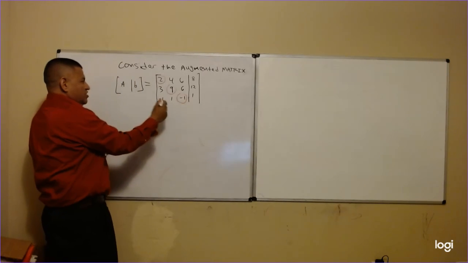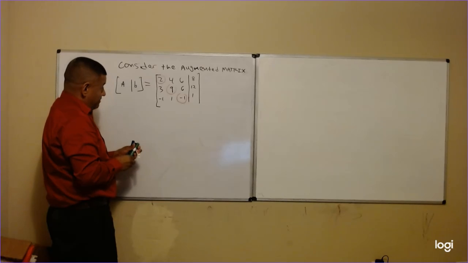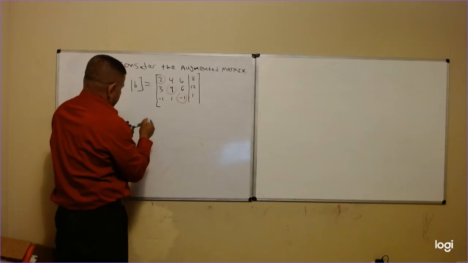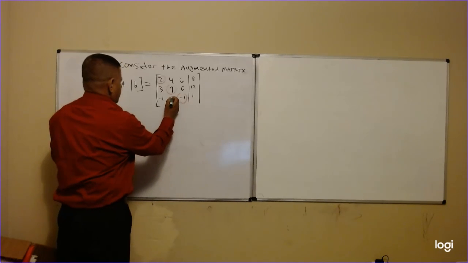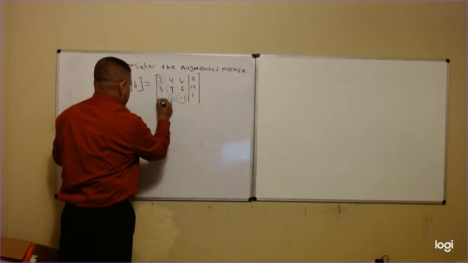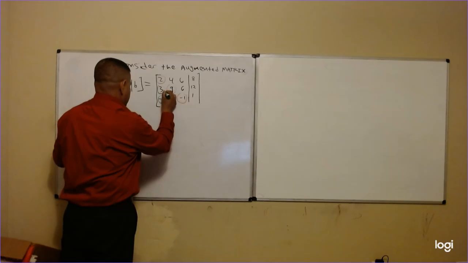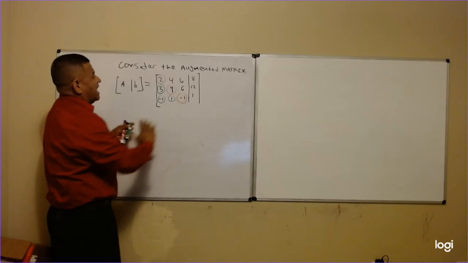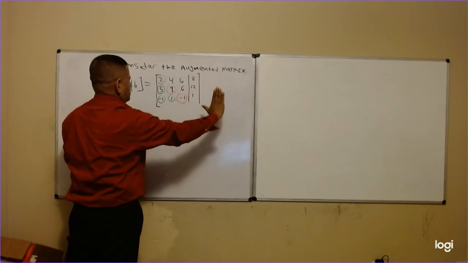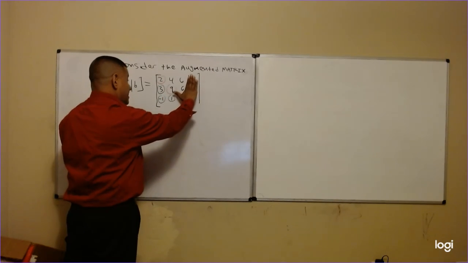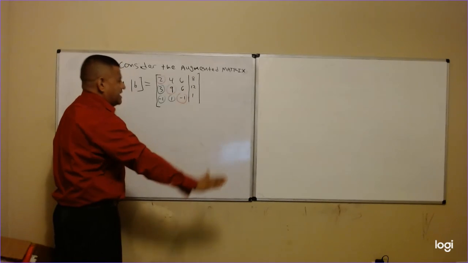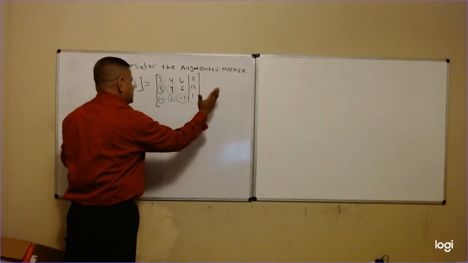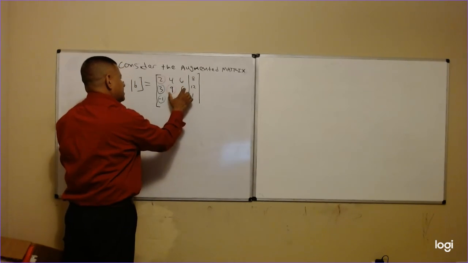And I want to turn this and that into zeros. I don't care about what is up here, or what I get on this side.